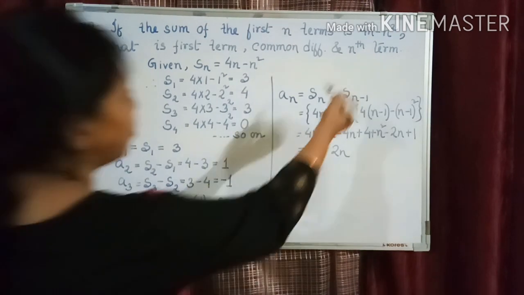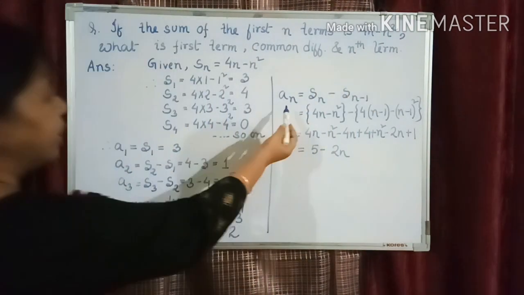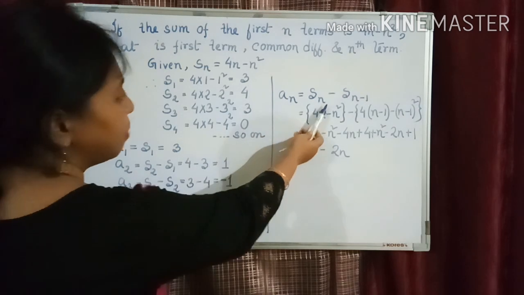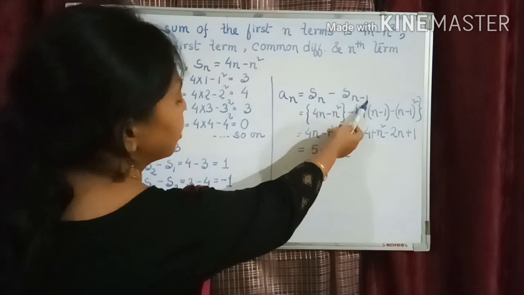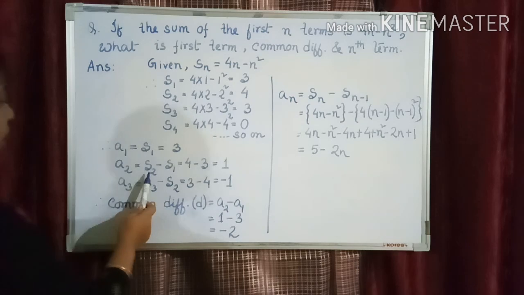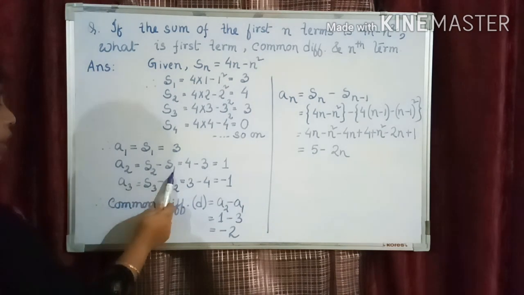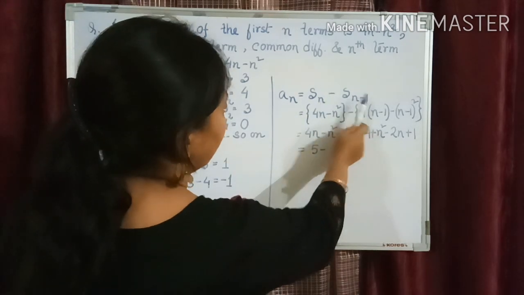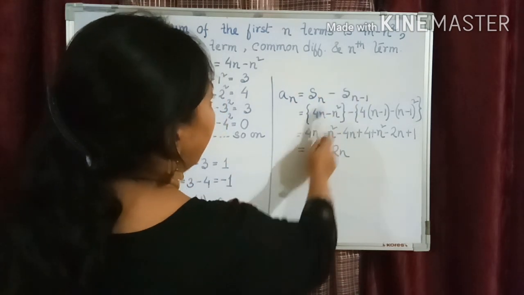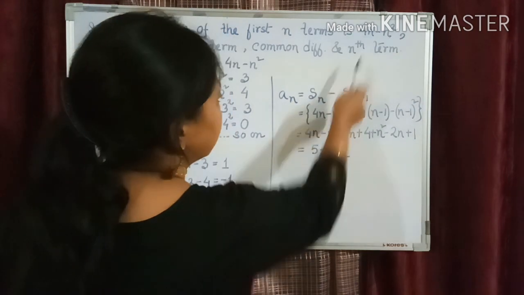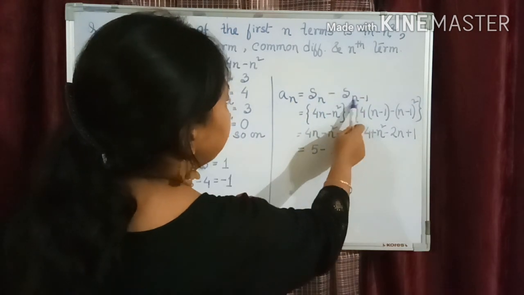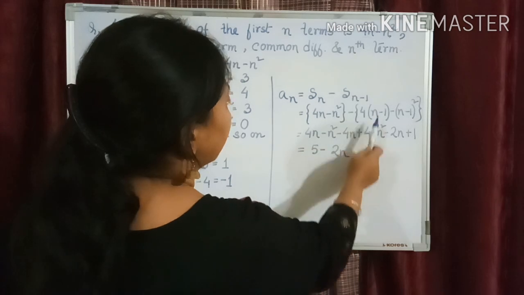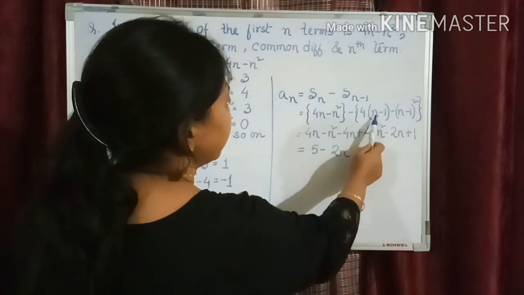Similarly, if I want the nth term, then I will write an is equal to Sn minus S suffix n minus 1. There you see a2 means S2 minus S1, 2 and 1. So here I am writing n and there n minus 1. For Sn, I am writing this formula, and for S n minus 1, in place of n I am putting n minus 1.